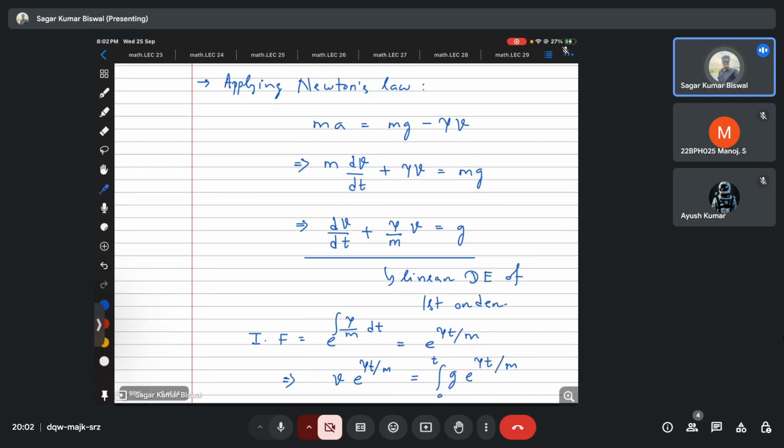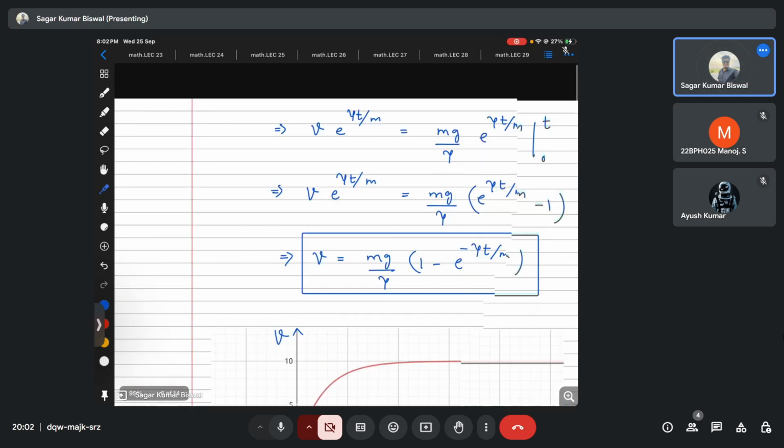The solution will be v into the integrating factor, right? As usual in solving a linear differential equation of first order, v into the integrating factor equals the integral of q(x) into the integrating factor, and then you have to integrate from 0 to t, right? So that is how to solve it.